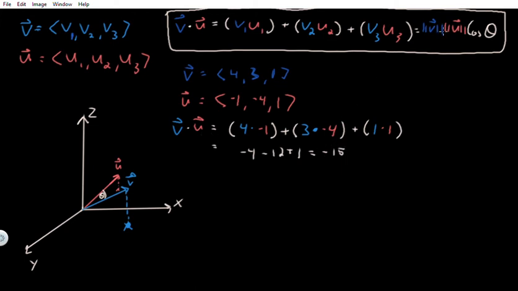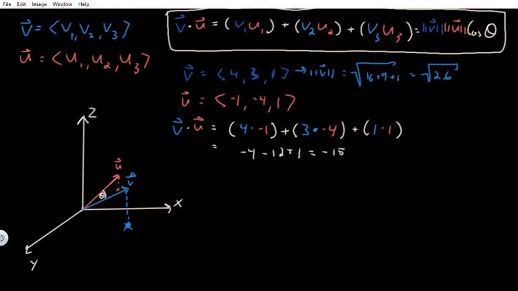Now let's find the magnitude of v. The square root of 4 squared is 16, plus 3 squared is 9, plus 1, this gives us the square root of 26.